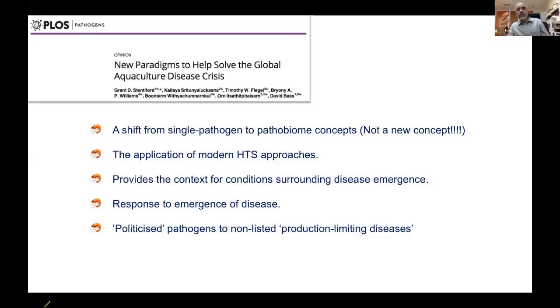What essentially it gives us is a context, the context and conditions surrounding a disease situation. It is not only a single pathogen which we are looking at, it is the whole context in which the disease appears. If you have that background, then it would probably be easier to explain the reason for it.